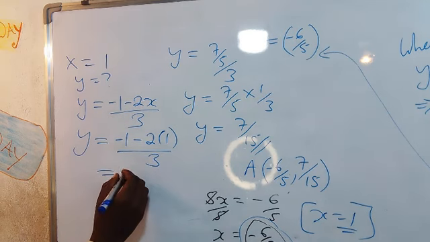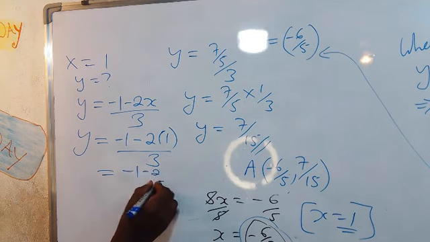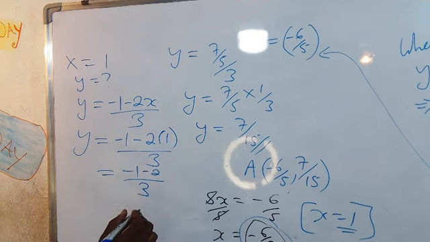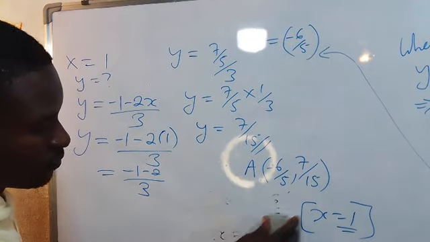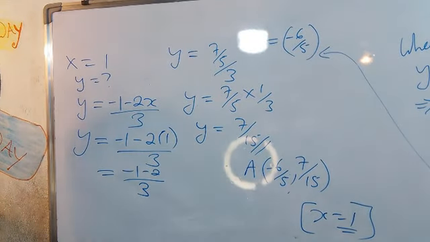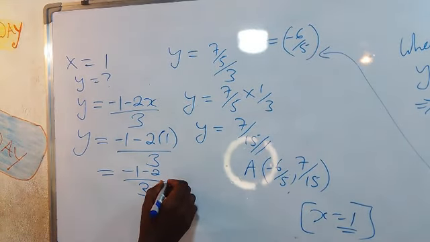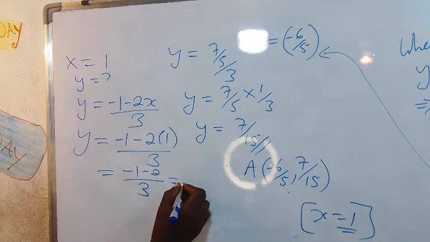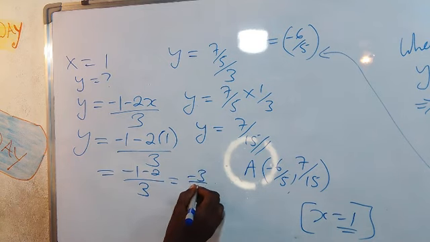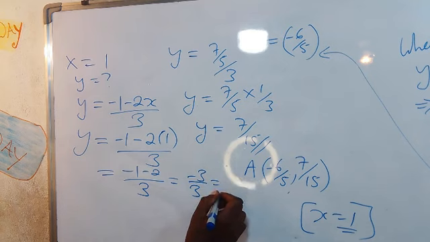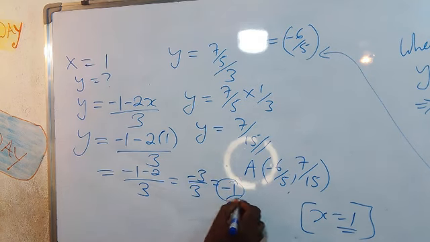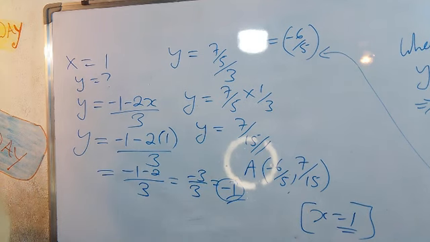So this is going to be negative 3 over 3, which is just negative 1.